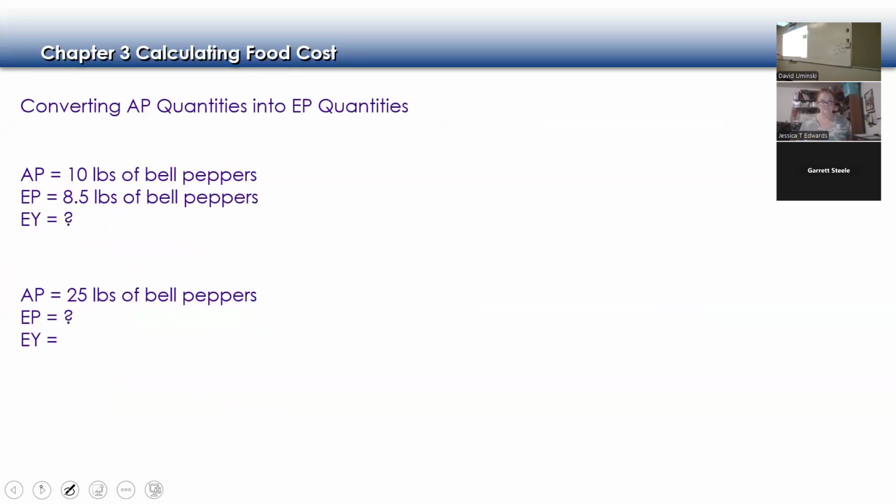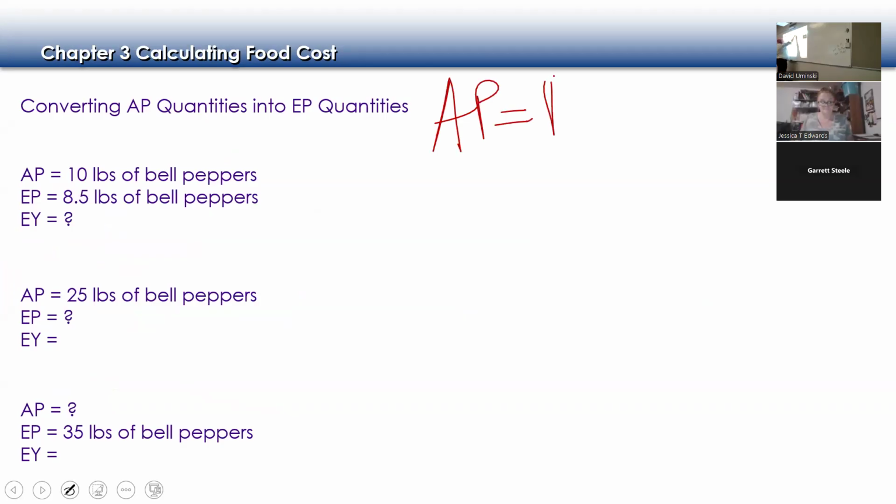The other part that I want to get into today is the conversions of as purchased and our edible portions. As purchased, AP, is how much product is actually delivered to our store. Our edible portion, EP, is how much we have left over to serve.